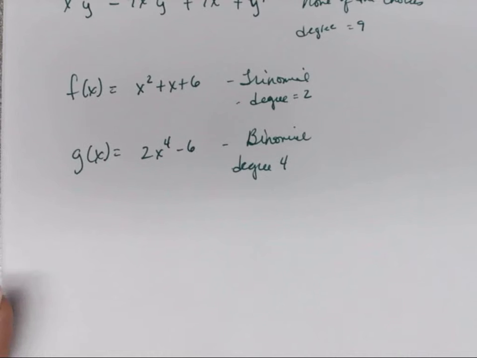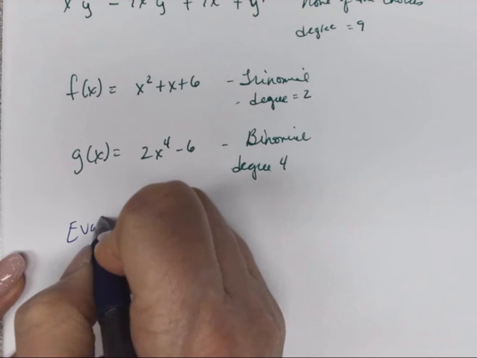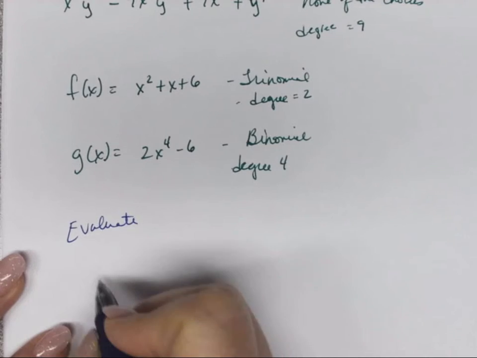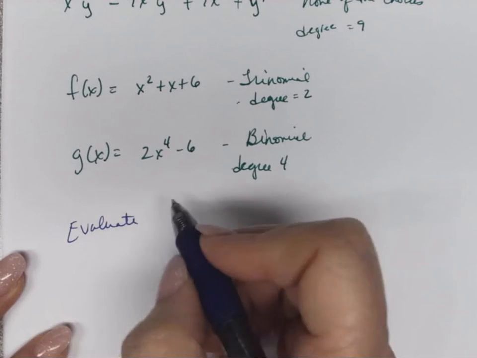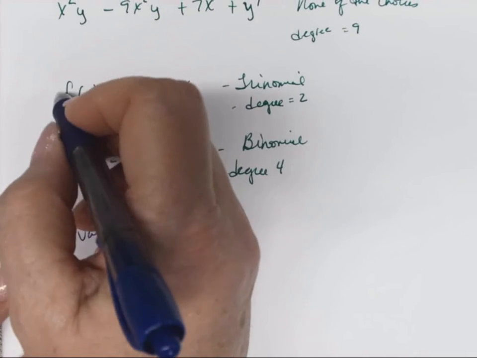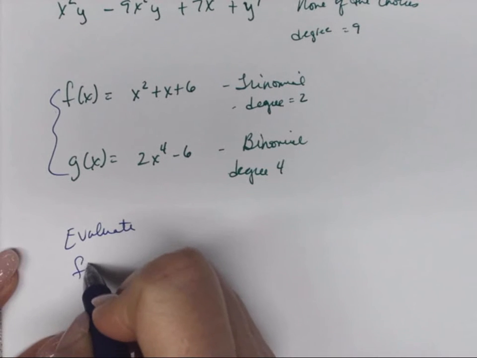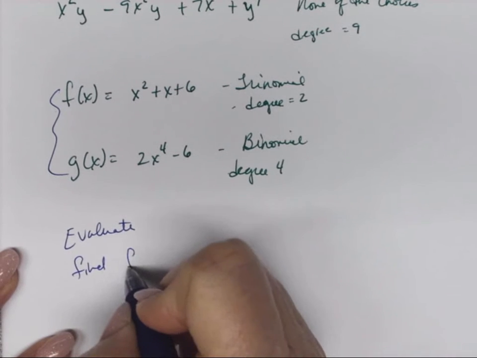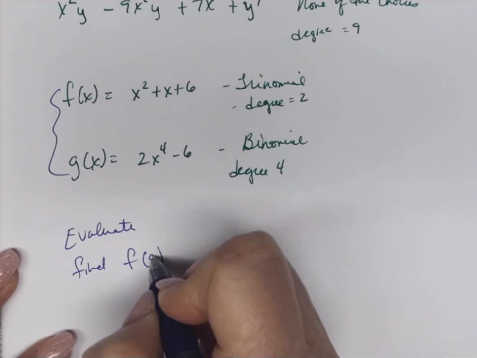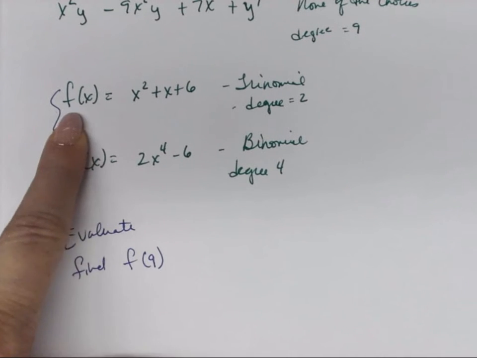All right, the next thing we're going to look at is evaluating some functions. So we want to evaluate using our f of x. We're going to use these two equations here. We want to find f at 9. So what that means is we're going to plug 9 in wherever our x is.